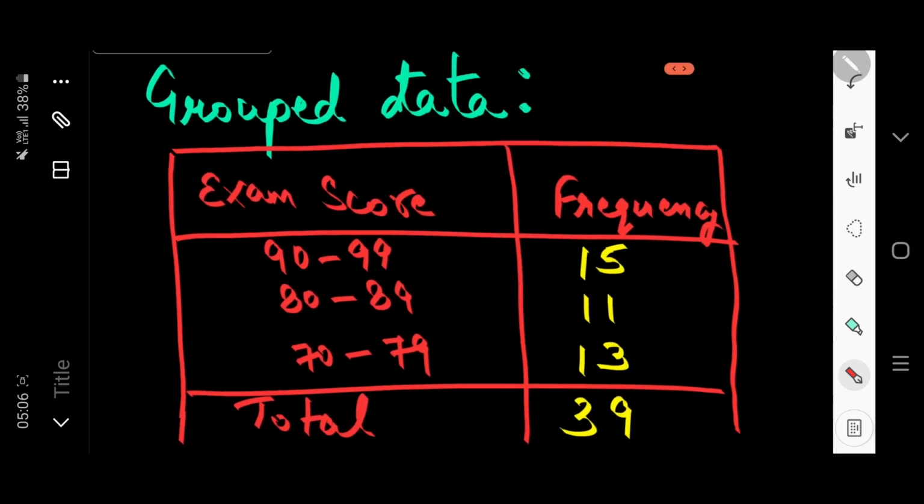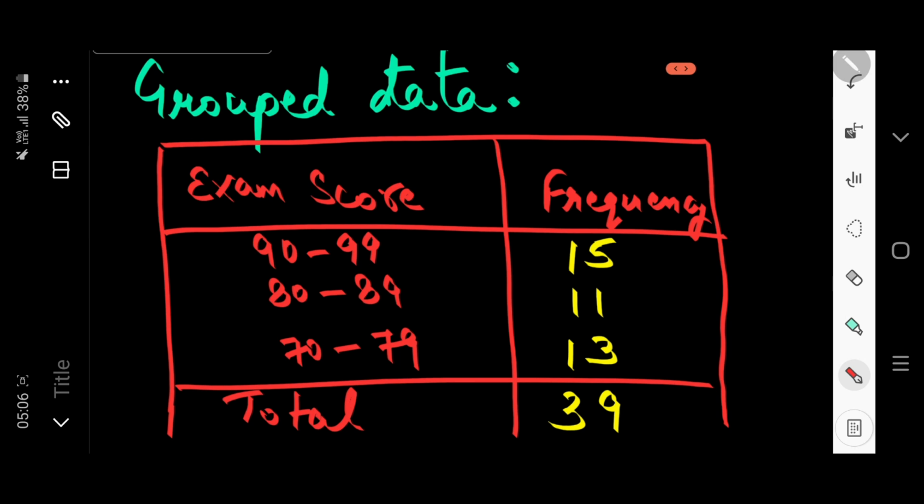The next one is grouped data. So we know that grouped data is data given in intervals. Here we can see that we are provided with the intervals. In this exam score, let's say the number of students who got 90 to 99 in their exams is 15.